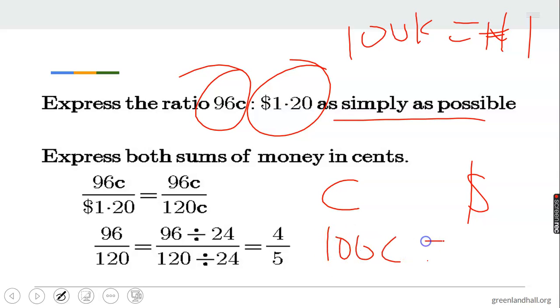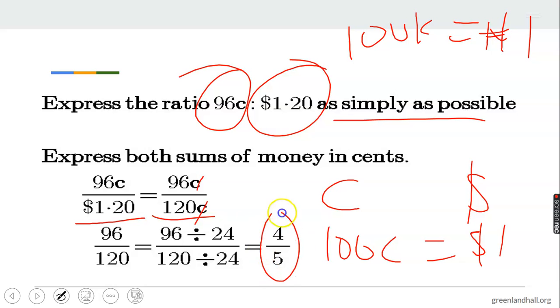100 cents equals $1. That means $1.20, when we convert it to cents, is 120 cents. Now, we cancel cents away, and we have 96 over 120. What can go into 96 and 120? We have 24.